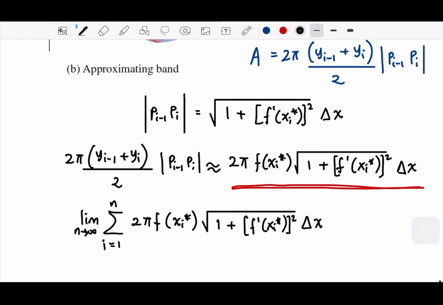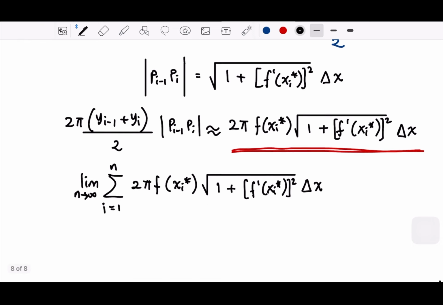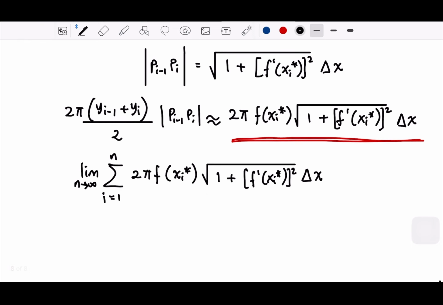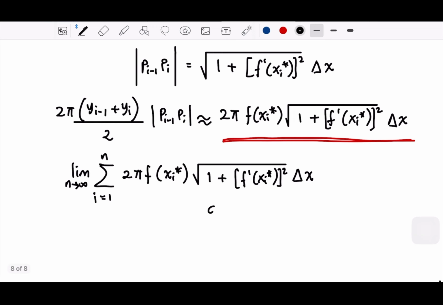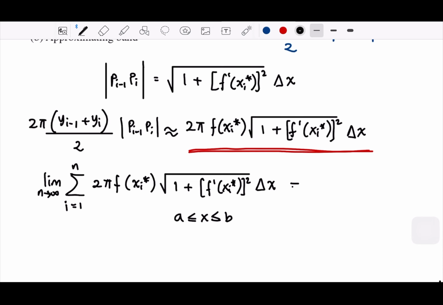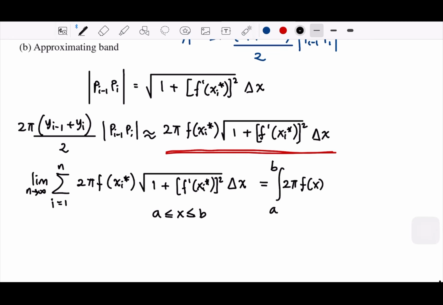So if we are going to evaluate from A to B, where A and B are our endpoints, then this is practically an integration from A to B of 2 pi f of x, multiplied with the arc length, and then dx.